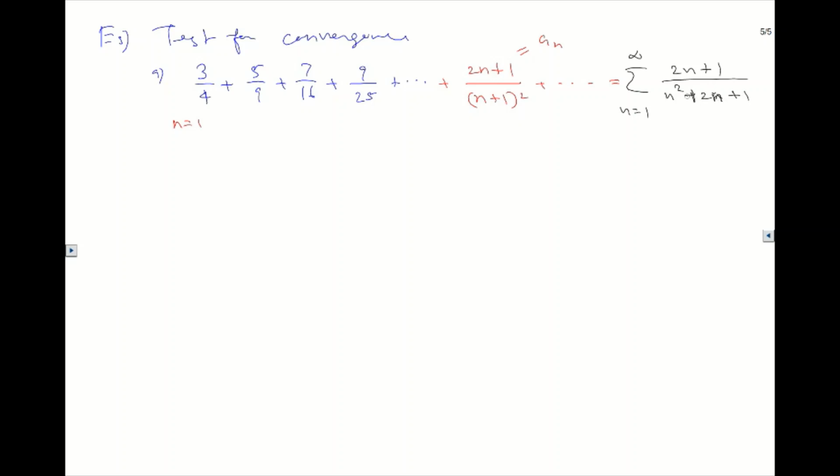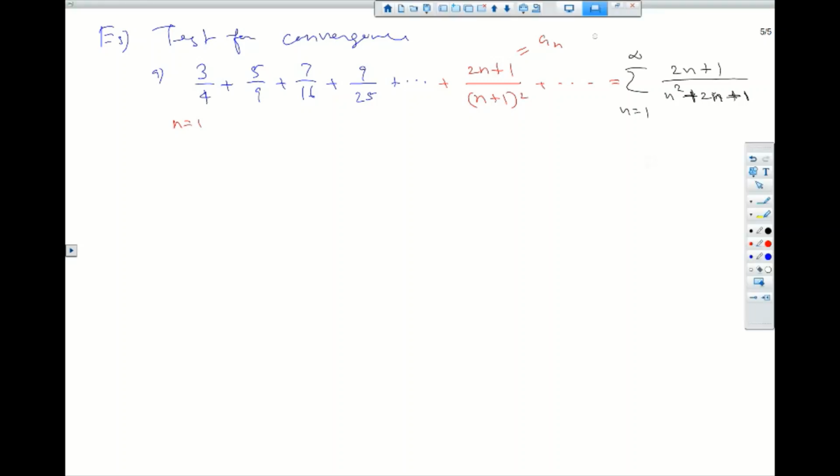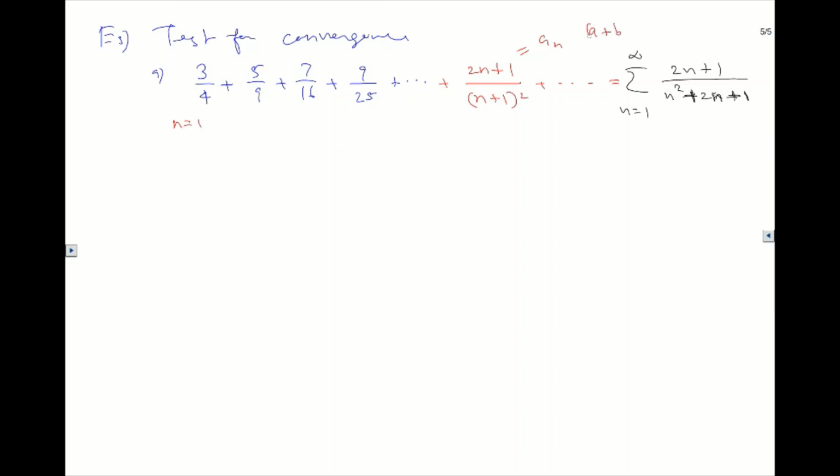That is the expansion. Remember, (a plus b) squared equals a squared plus 2ab plus b squared. So that's the expansion of that. We use that and write it like this. So that's the series that we want to do.